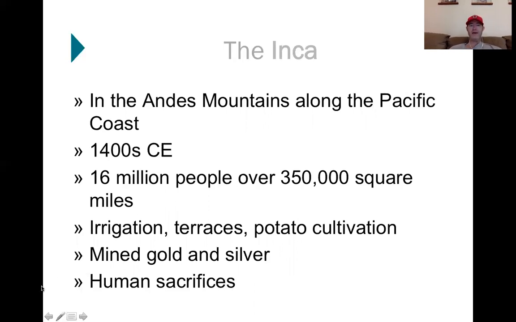Okay. Again, we're seeing the effects of their geography: irrigation, terraces, potato cultivation, mining, which a lot of times when we think of slave labor being more related to agriculture, believe it or not, as we'll see in a moment in more detail, you see a lot of emphasis on that. And then again, human sacrifice as a part of their religious system.